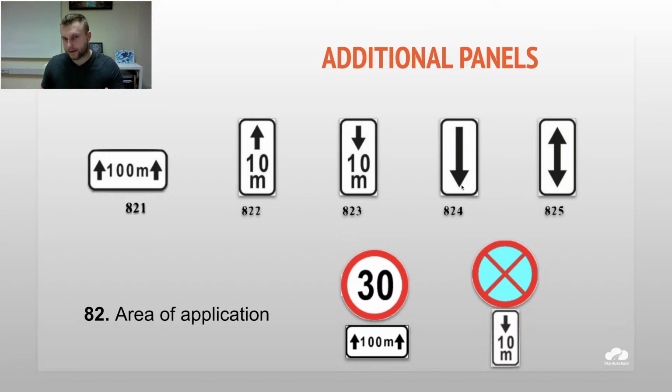The validity of this zone starts from the sign, and then you have to go basically back until the first crossroad, and it still will be valid during this period. And this one, after the sign and before the sign until the next crossroad, the same logic.